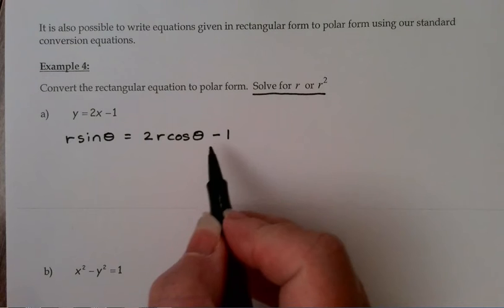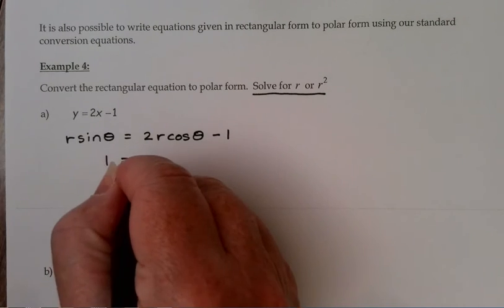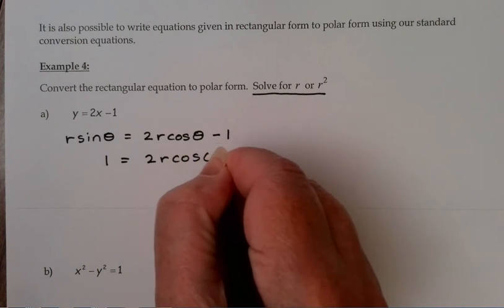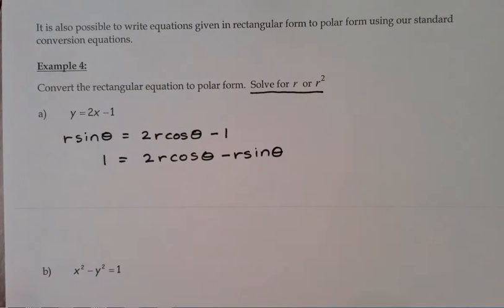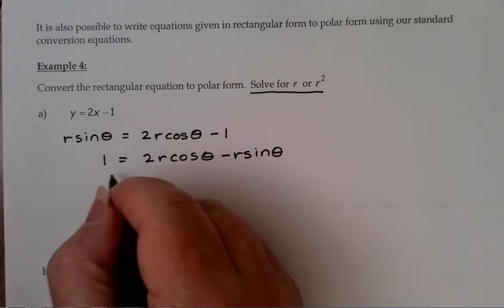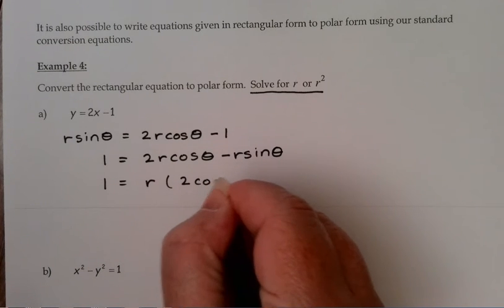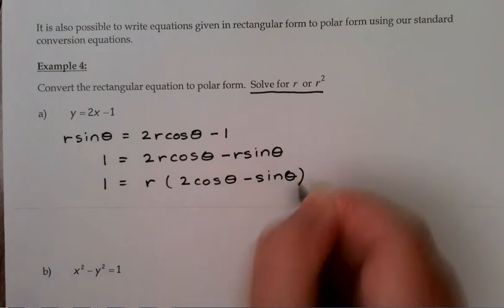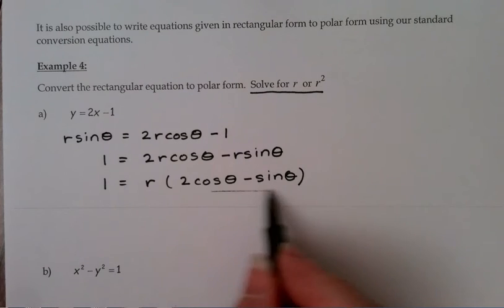So let's see, just to keep the 1, maybe make it positive, I'll put the 1 on this side and bring the r sine theta over to the right-hand side. I can now factor the r out over here on the right. And then it's fairly easy to solve for r just by dividing by all that stuff.